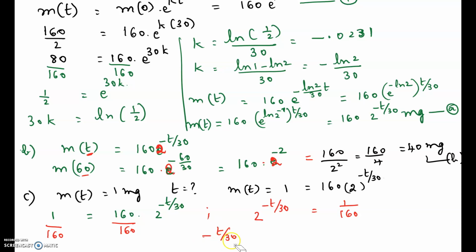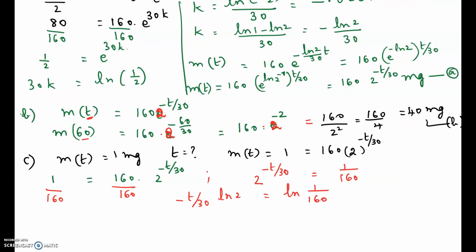If we take ln on both sides, negative t over 30 times ln 2 equals ln of 1 over 160. Isolating t, negative t over 30 equals ln of 1 over 160 divided by ln 2.